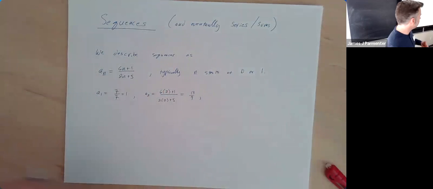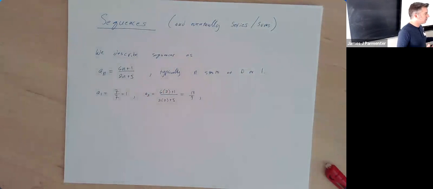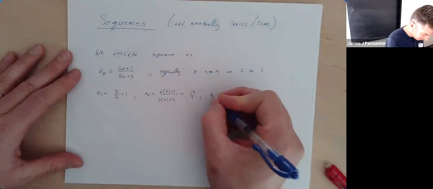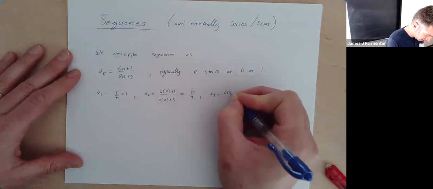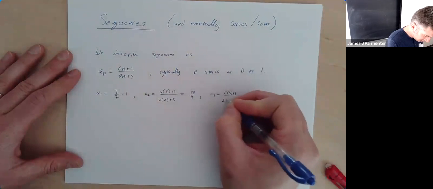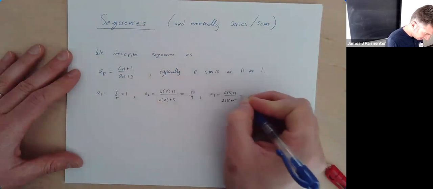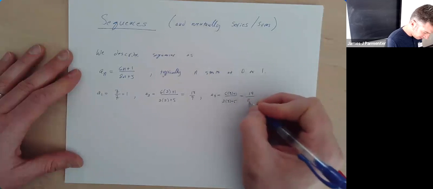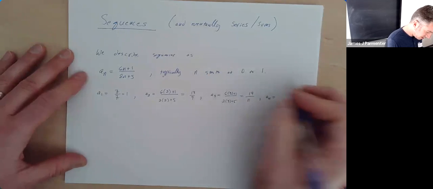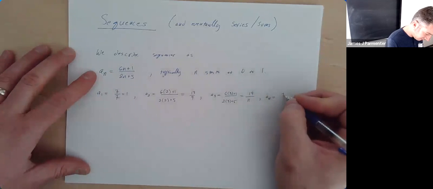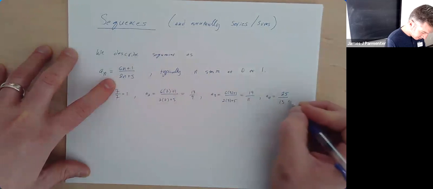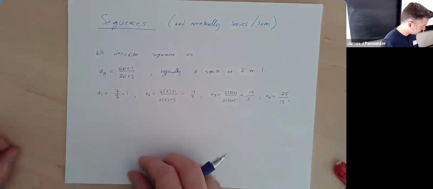It starts to feel a little monotonous, but we can keep going. The third term is 6 times 3 plus 1 over 2 times 3 plus 5, which is 18 plus 1, which is 19, over 6 plus 5, which is 11. And the fourth term would be 6 times 4, which is 24, plus 1, which is 25, over 2 times 4 was 8 plus 5, which is 13. And it goes on this way.